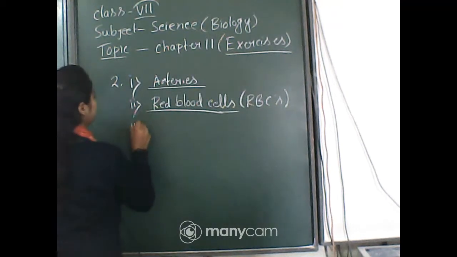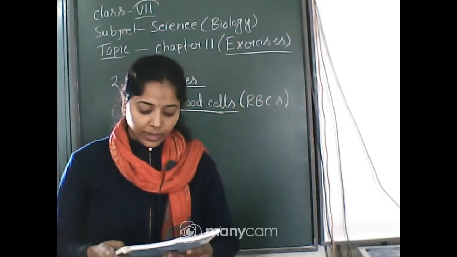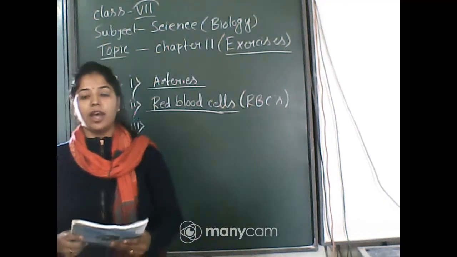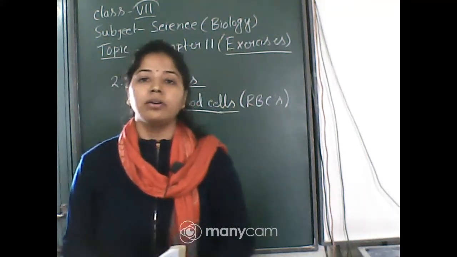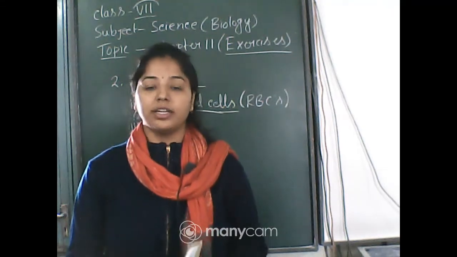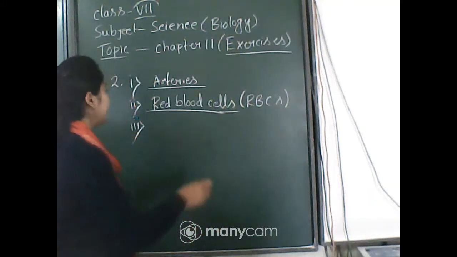Now comes the third question: arteries and veins are joined by a network of dash. I have drawn the picture of how arteries and veins are joined together to form a fine network, and the main function of that network I have already told you. That network is known as capillaries.